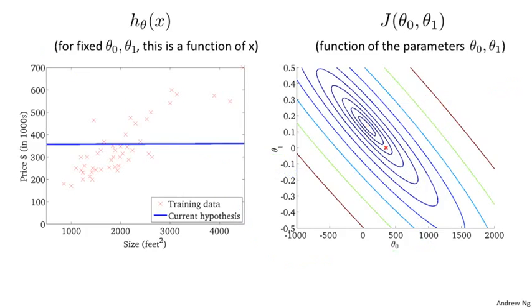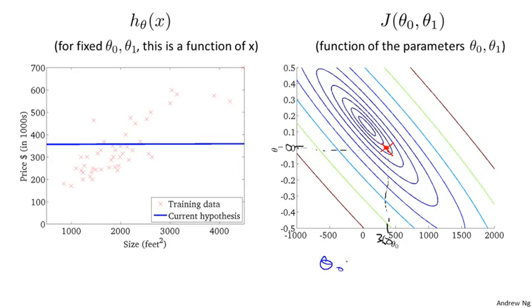Now here's a different hypothesis that's still not a great fit to the data, but maybe slightly better. So here, that's my point. Those are my parameters, theta 0, theta 1. And so my theta 0 value is about 360, and my value for theta 1 is equal to 0. So, let's write that out.